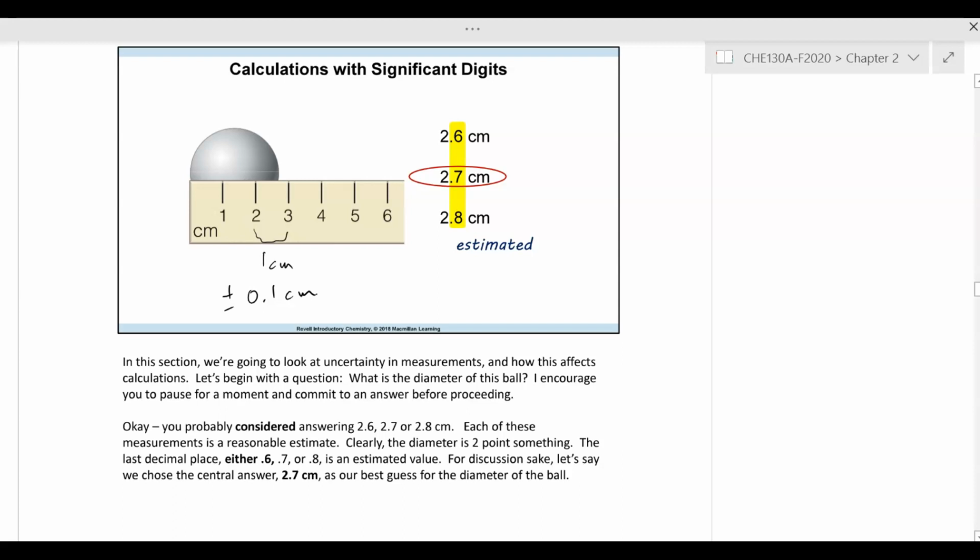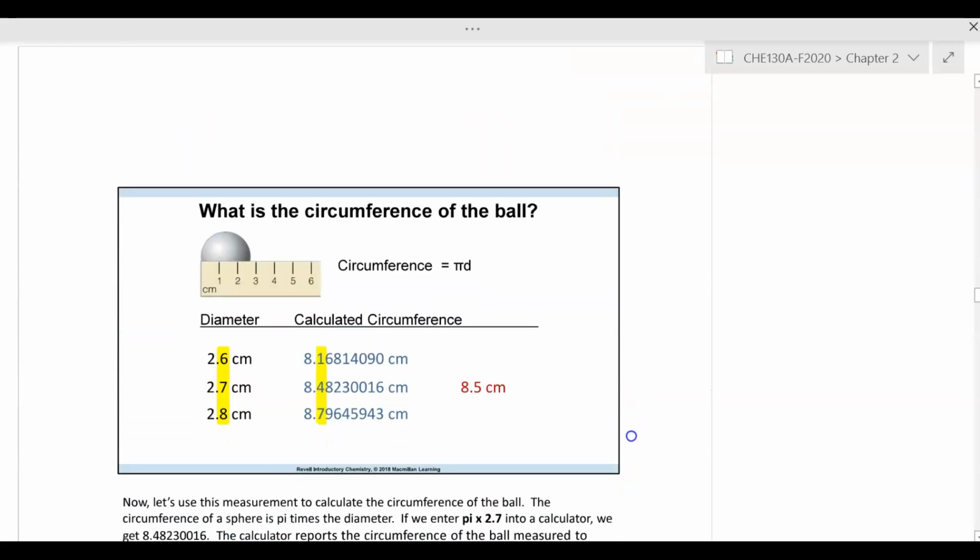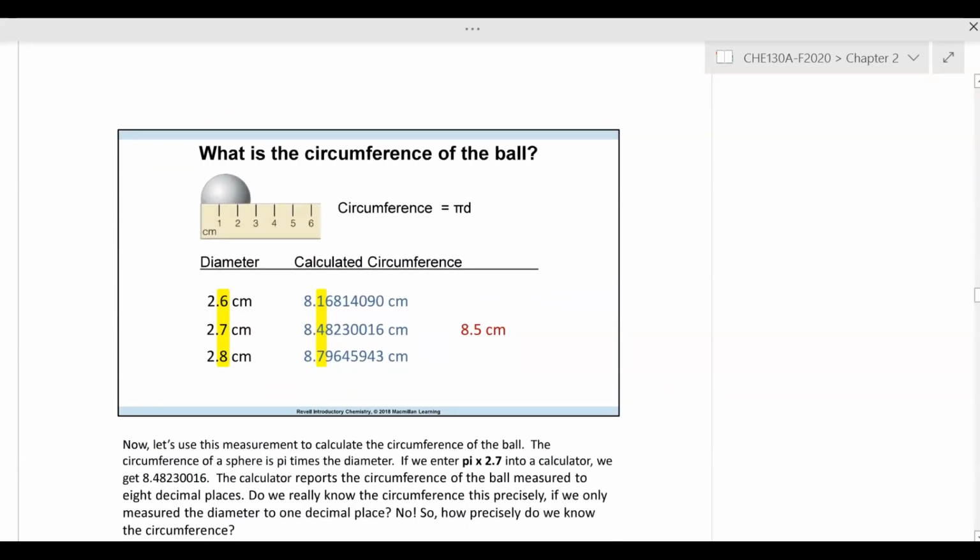So when we say 2.7, we're saying it's somewhere between 2.6 and 2.8. That's 2.7 plus 0.1 and 2.7 minus 0.1. And that's one of the things that's important, to remember that significant figures really come from measurement, even though a lot of times in problems you don't see that measurement.